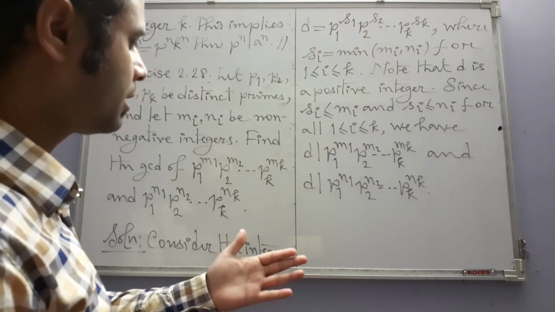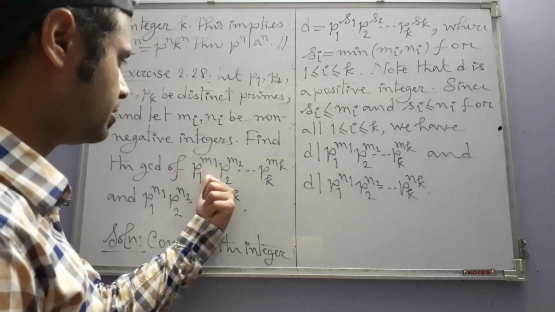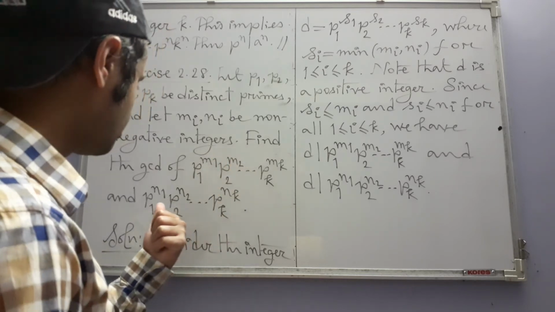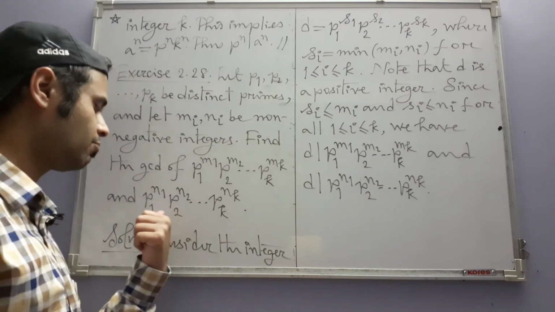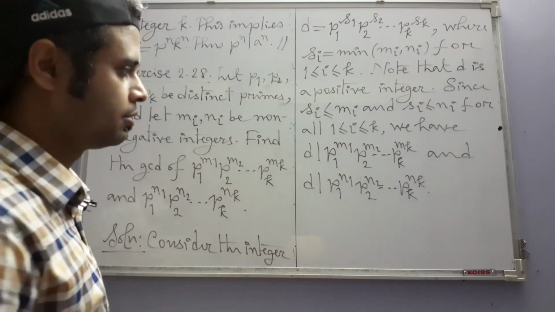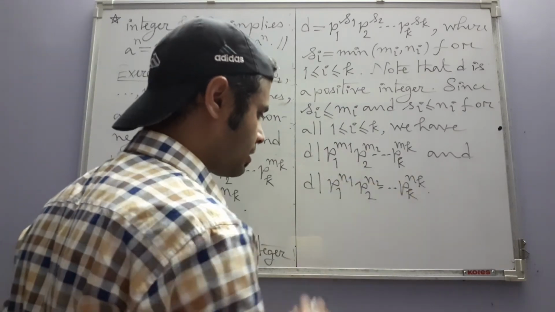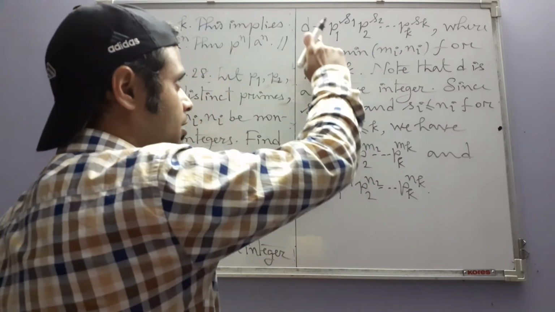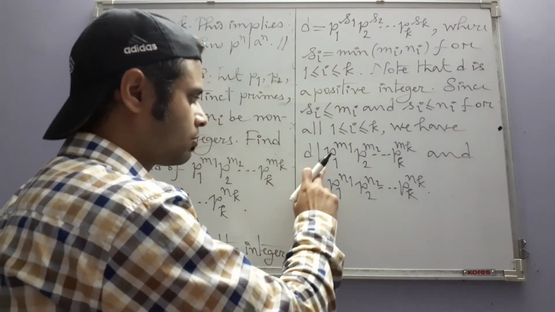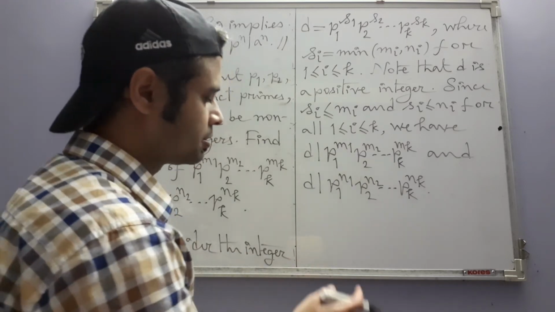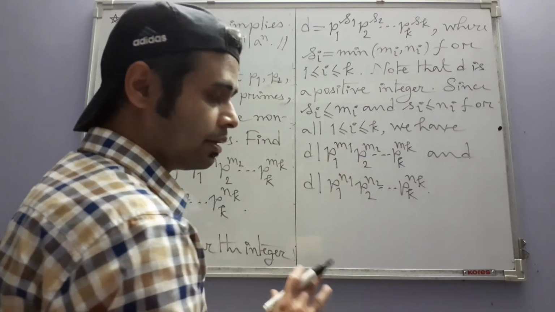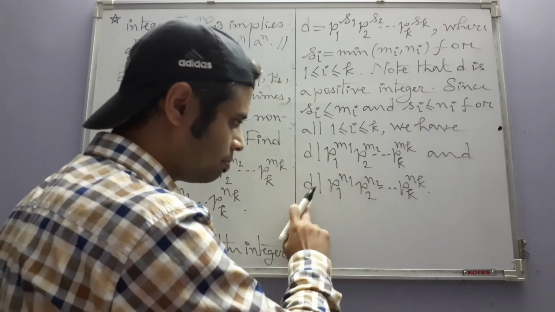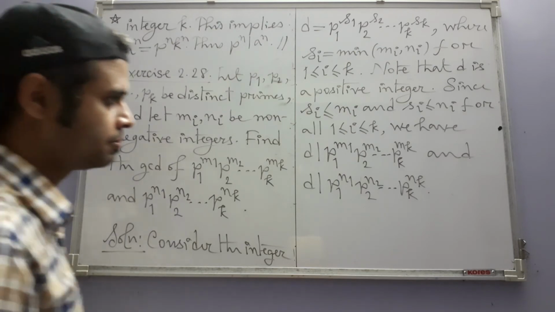Now p1 to the power m1 is available in this number, and it is also available here because m1 is less than or equal to n1. Like that, considering the other i's, every time we form this number d out of the prime powers of the pi's, we take the least prime power. So naturally d would divide both of them. That's why.